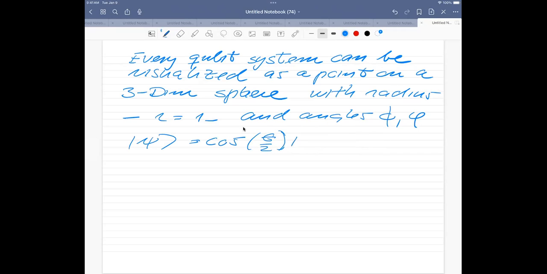So this is multiplied with |0> plus, I'm not proving this relation here, I'm just stating it, multiplied with |1>. So this would be a general state.